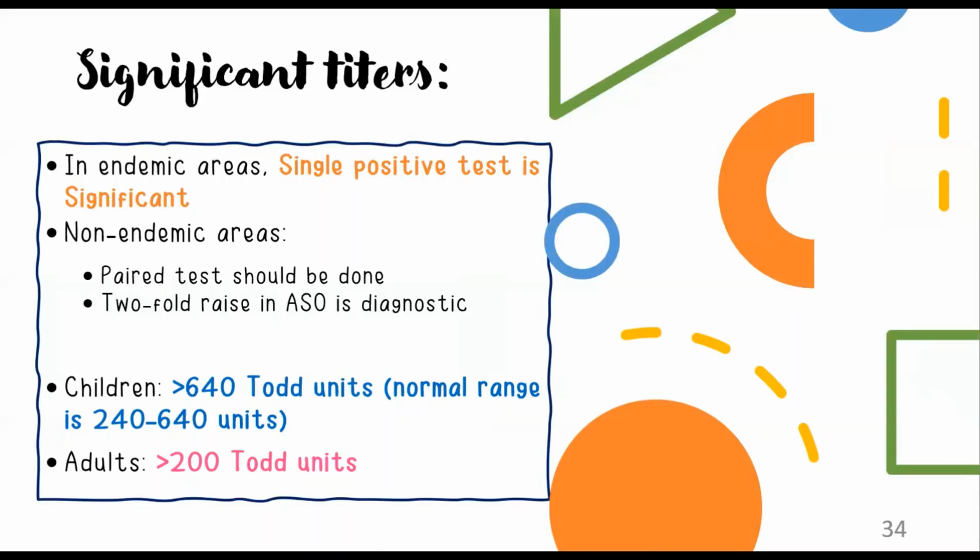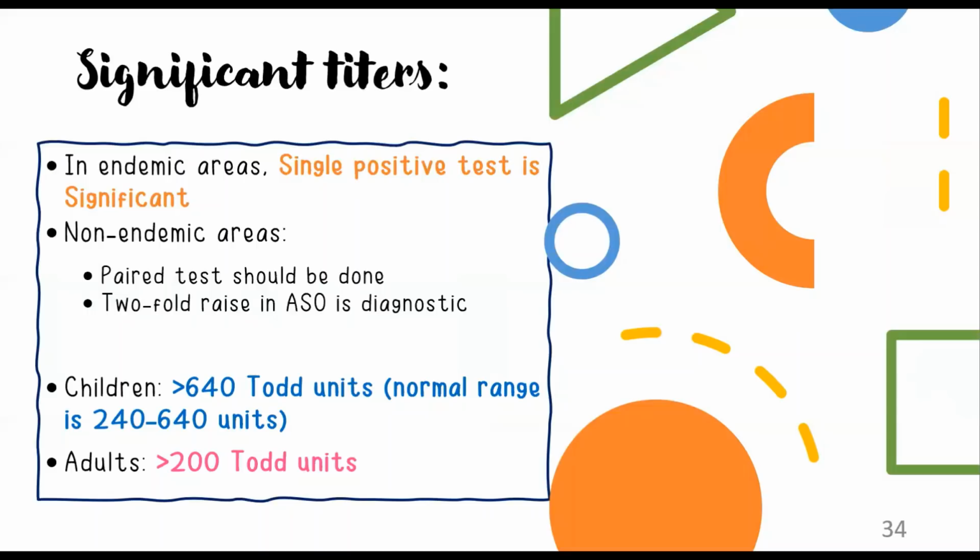Now, you may be wondering bakit mataas ang reference range sa children. Remember that children are carriers of Streptococcus pyogenes. So, you can expect a higher level of antibody titer in this age group than in the adults.